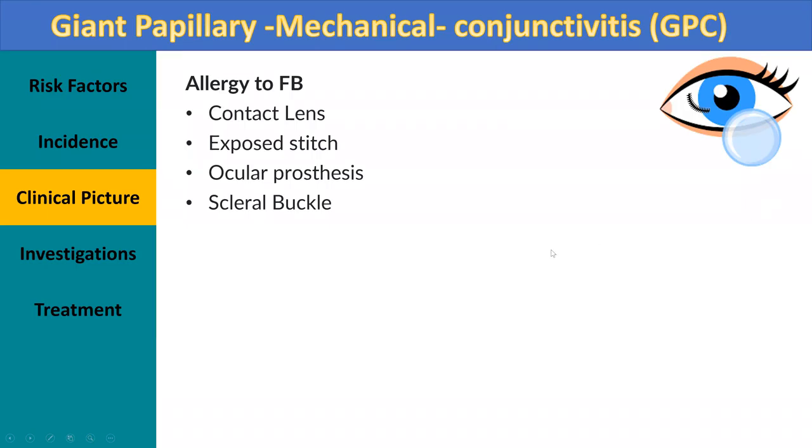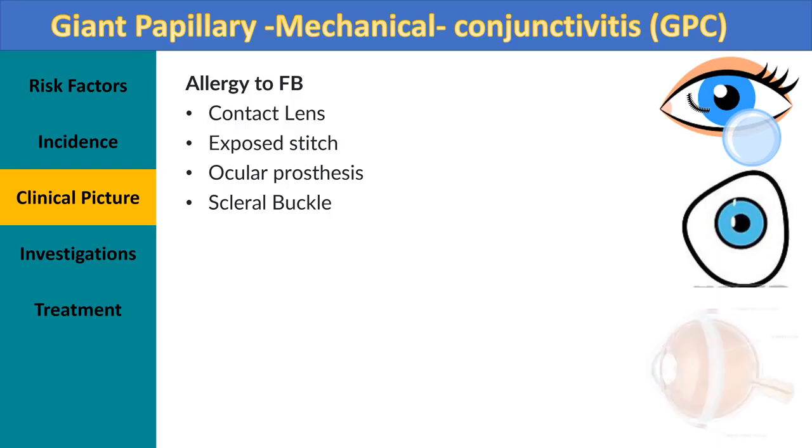If a patient has an exposed stitch after extracapsular cataract surgery, this will cause rubbing of the stitch against the conjunctiva, leading to irritation. Ocular prosthesis, especially if the patient is not treating it with very good hygiene, can result in conjunctivitis. A scleral buckle as well can rub against the conjunctiva, leading to irritation.